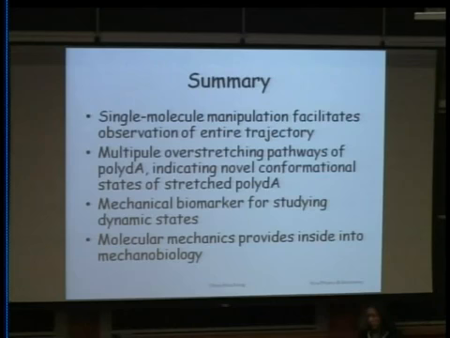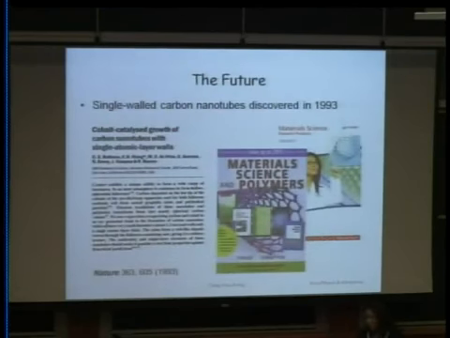And last one, how do we know if this is any good for anything? So we'll just use an example. A long time ago I was doing single carbon nanotubes. It was discovered in 1993, the same time as Hiroshima. Now it seems obvious that nanotubes and nano is everything.